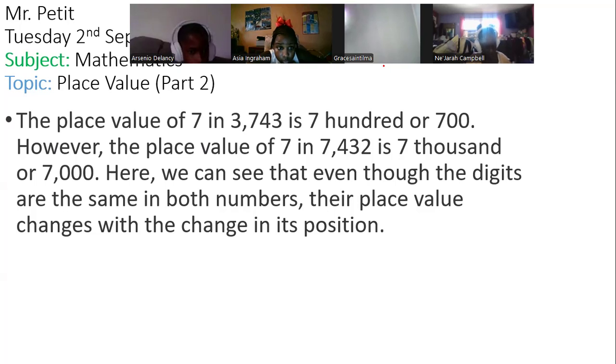Here we can see that even though the digits are the same in both numbers, the place value changes with the change in its position. Very good. The place value changes with the change in position.